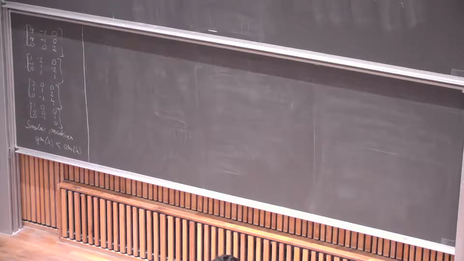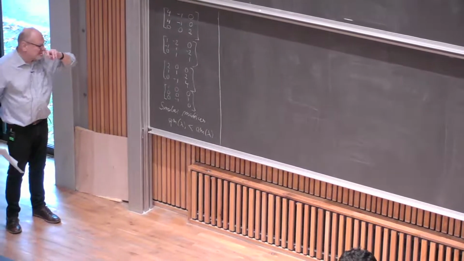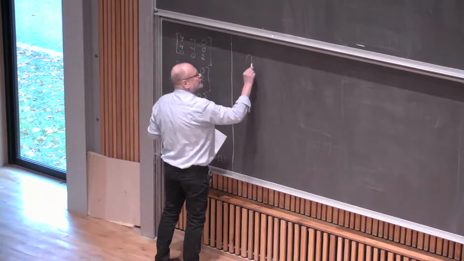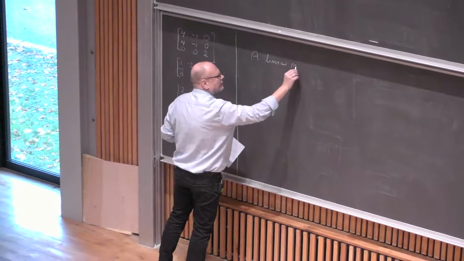And I'll end up by discussing similar matrices and the special case when the geometric multiplicity of an eigenvalue is less than the algebraic multiplicity. And as I go along, I will give you 4 theorems. So let's get started.